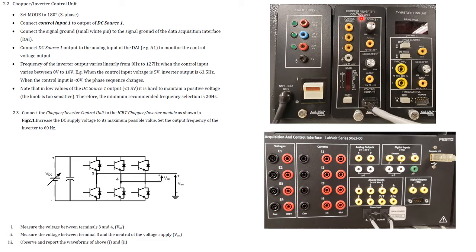So this is the control unit of your inverter. You can easily change this voltage, and by changing this voltage you change the output frequency of your inverter. But we want to see this voltage in our app.